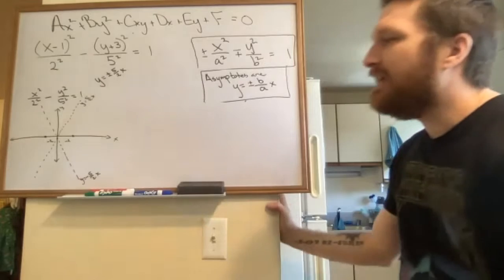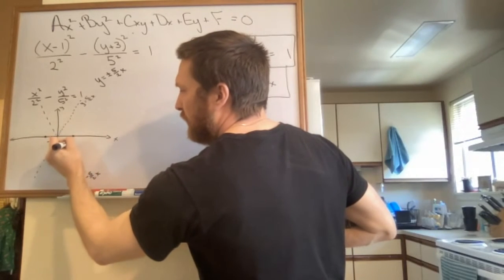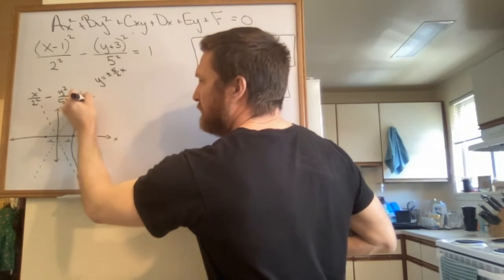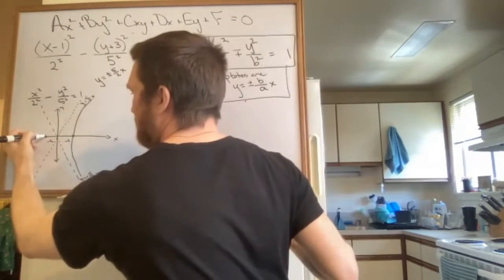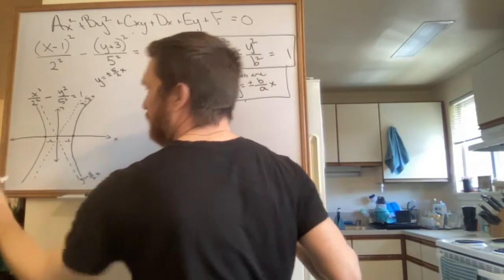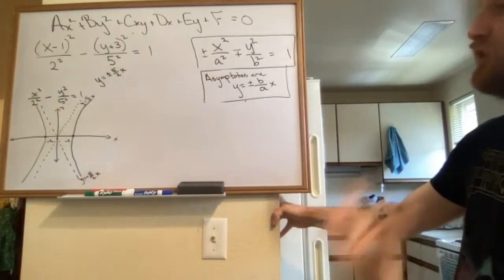Now I'm going to go through and draw my hyperbola, showing that it is approaching these things, and it looks pretty bad, but whatever. That's the idea. Now the only thing left to do is the shift.